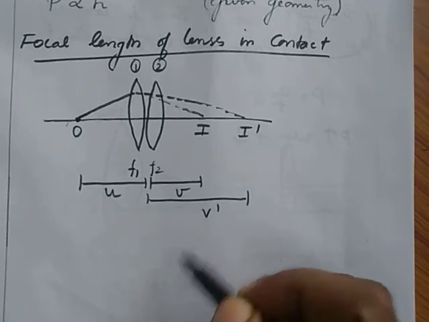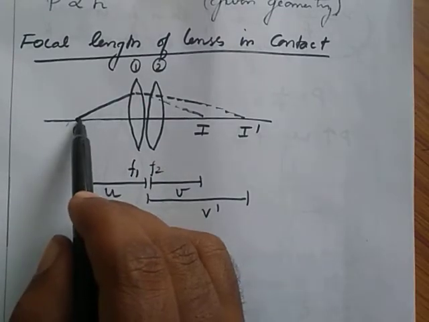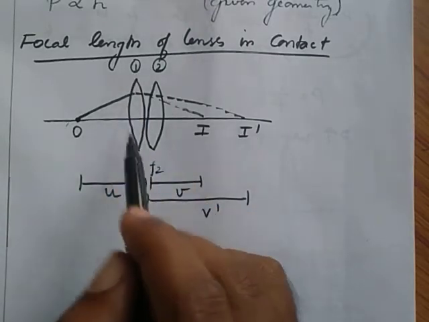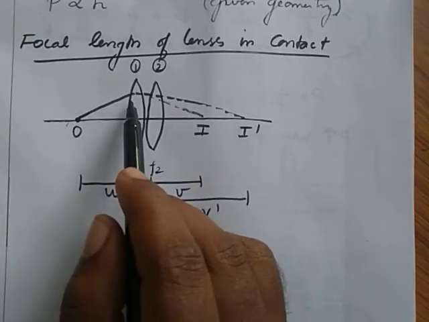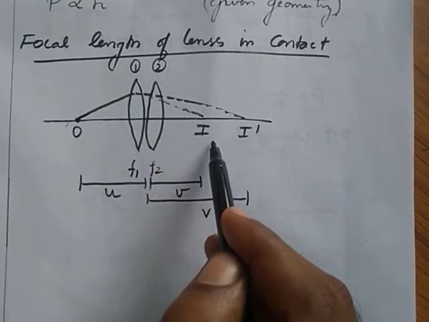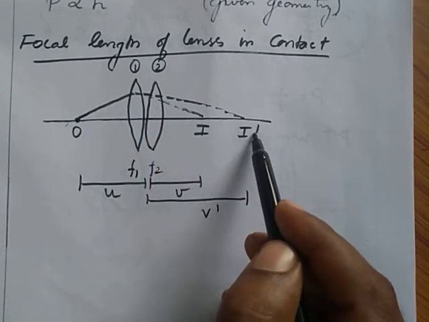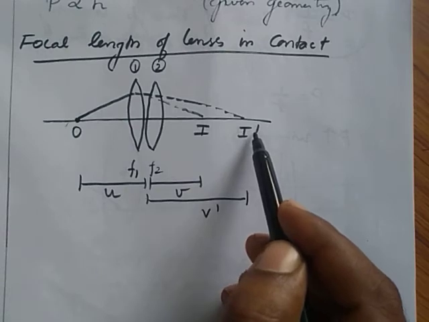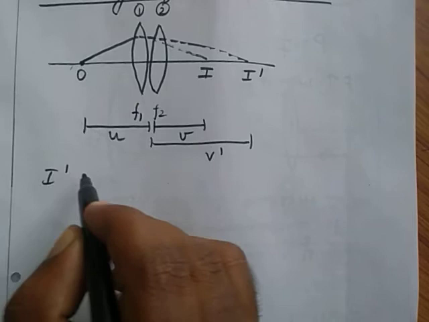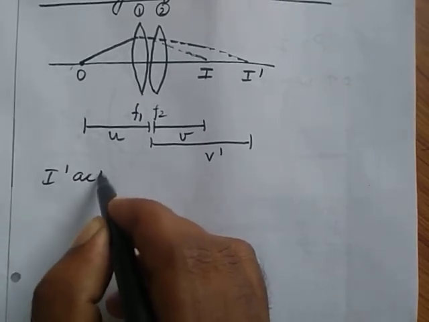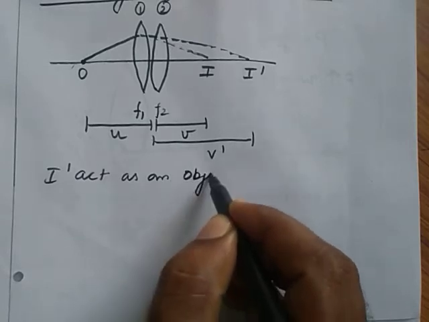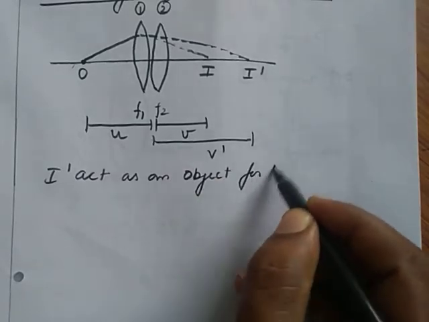See, object O produces an image I dash by the lens 1. Then for lens 2, the object will be I dash. The image I dash acts as an object for the lens 2.